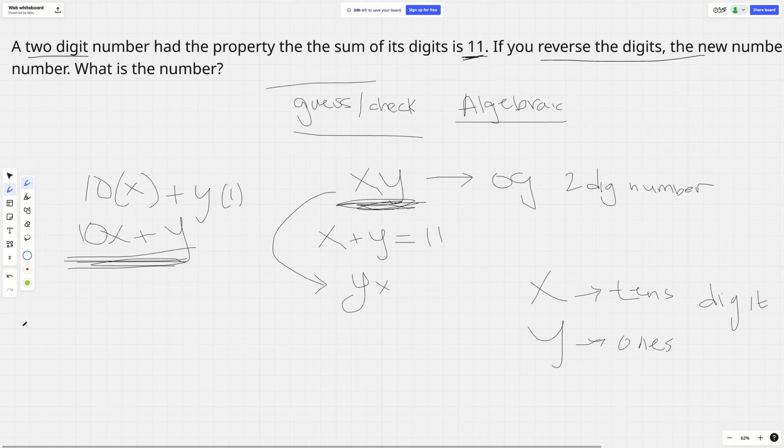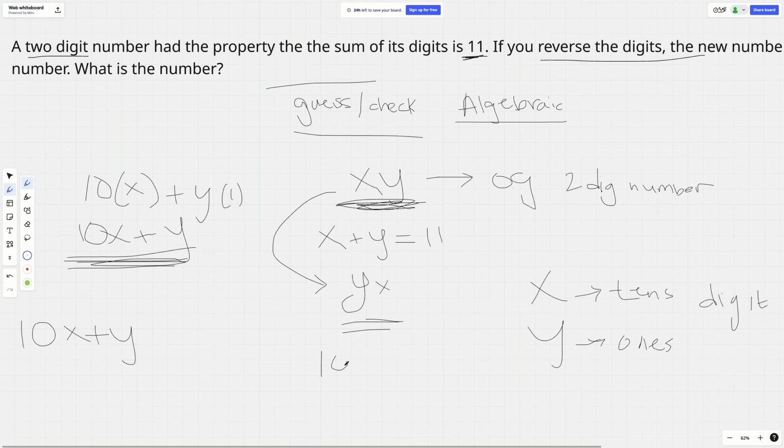Now, we know that the value of our original two-digit integer is going to be 27 less than the value of our reversed two-digit integer. Now, we know that the reversed two-digit integer is, instead of xy, yx. We're simply reversing the position or indexing of these two elements. Now, again, using the same logic of our tens digit value and our units digit value, what is the actual value of yx?